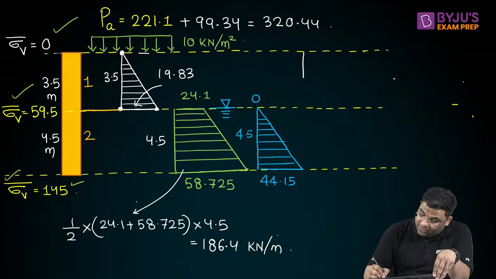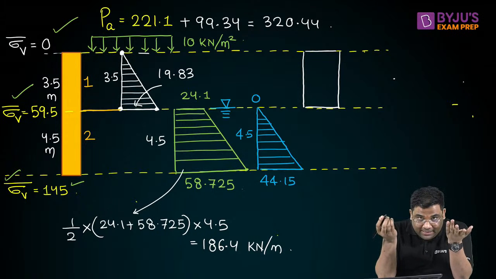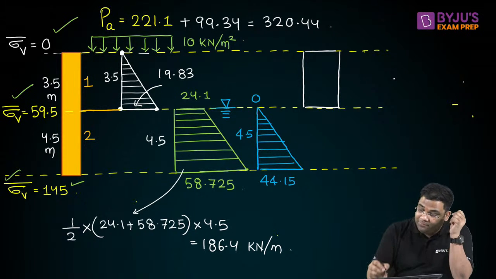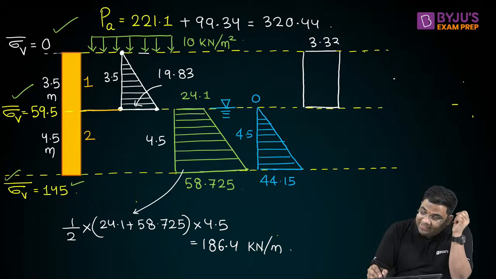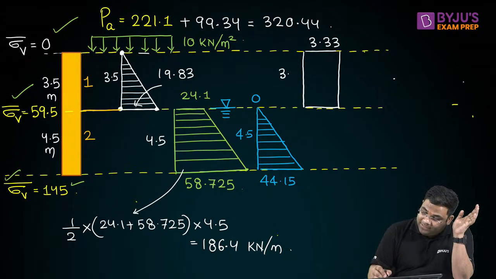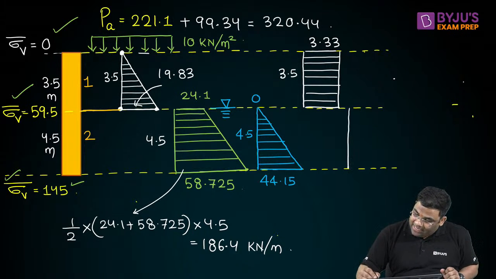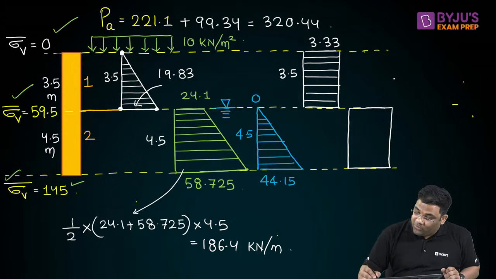So if I draw the distribution due to surcharge, this will be Ka into Q. Q is 10, Ka is 1 by 3, that gives me 3.33, and this height is 3.5. So this is the earth pressure due to surcharge in the first layer. If you see the second layer, Ka has changed. The Ka is now 0.405. So if it is 0.405, then what will I do?